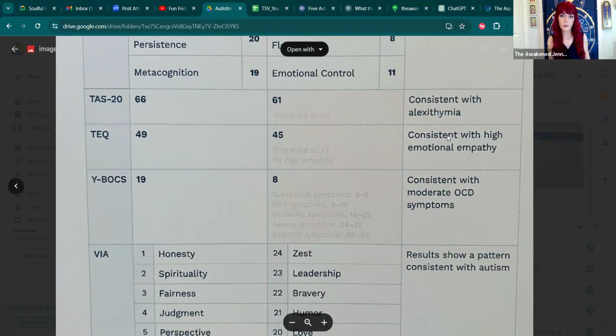Okay, so this was the OCD test. So the threshold was 8, which is not mild autism, mild OCD. And I got 19, which is moderate. So it can go all the way up to 40.